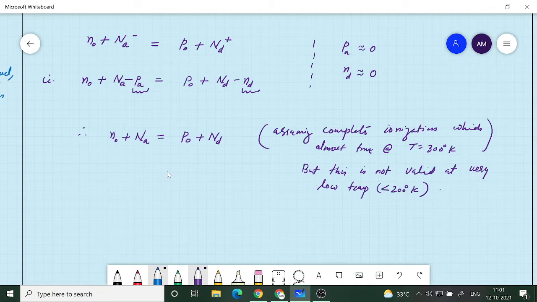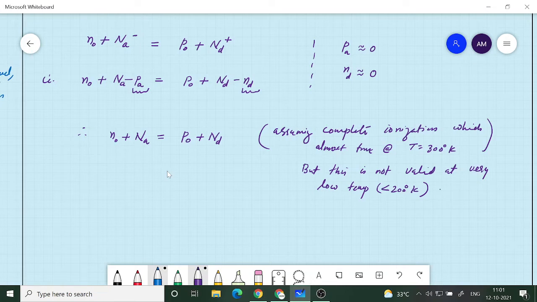But let's assume that for all practical purposes, at the temperatures we are considering, most of the donor impurity atoms are ionized, meaning they lose electrons, and the acceptor impurity atoms get electrons from the valence band, so they are all fully occupied.